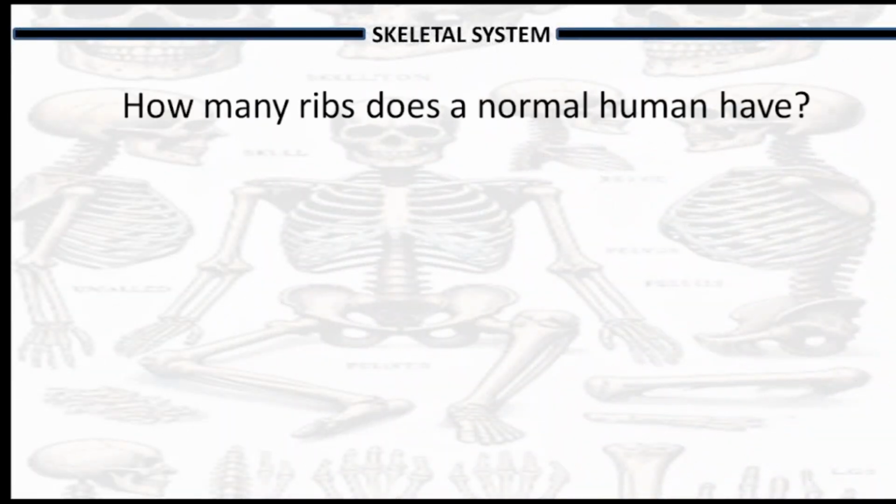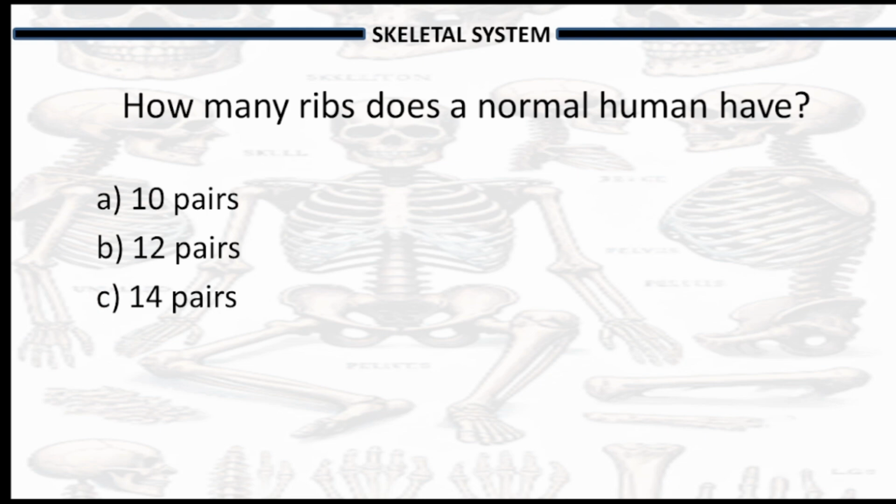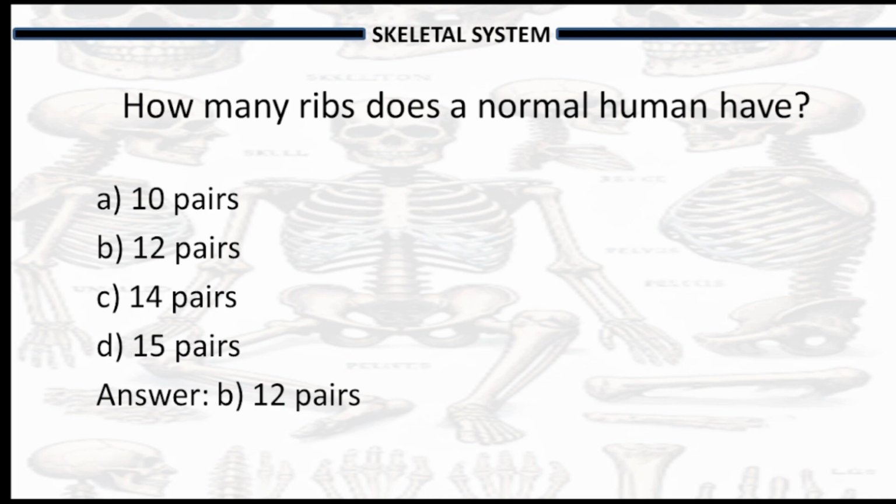How many ribs does a normal human have? A normal human has 12 pairs of ribs.